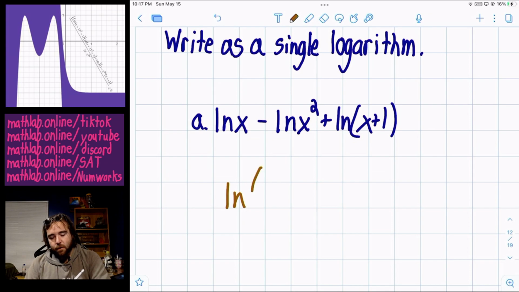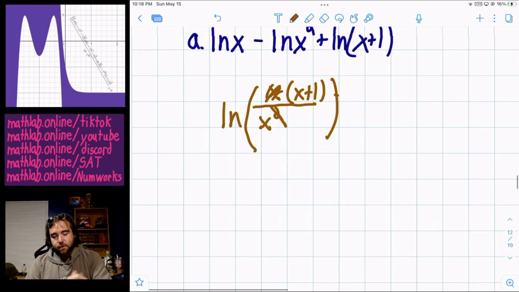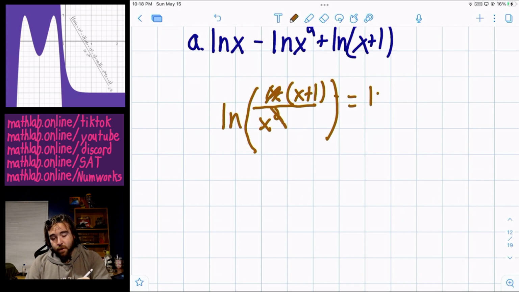So we're going to have ln, and of course the bases have to be the same for any of this to work. So we've got x on top because it's positive, x squared on the bottom because it's negative, and x plus 1 on top because it's positive. And then we can cancel one of those x's, so it's the ln of x plus 1 over x.